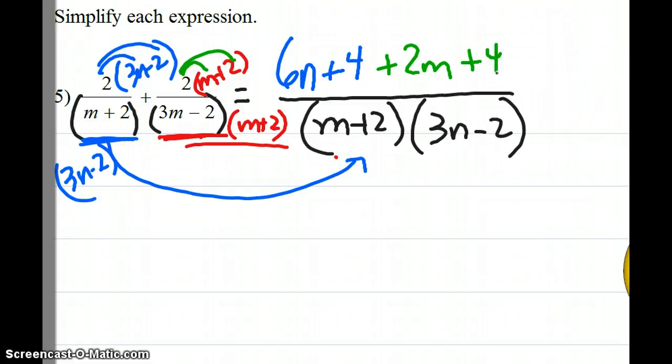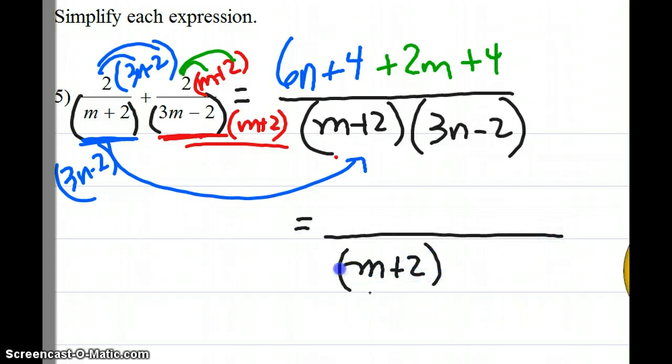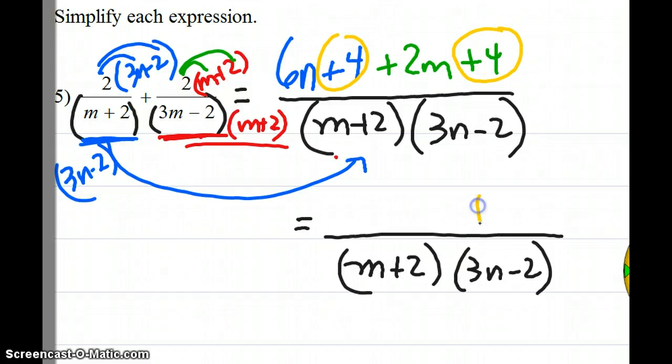Let's check to see if anything looks alike in the top and the bottom. You'll be able to keep your answer just like two binomials. On the top, the only thing that looks alike to me is this 4 and this 4. So this will be an 8 of those. And how do I combine 6n and 2m?